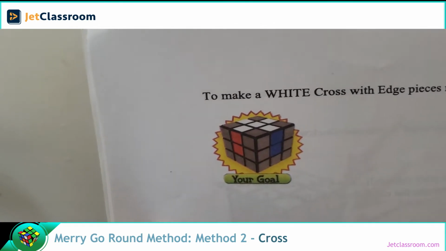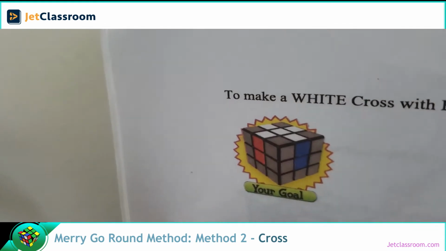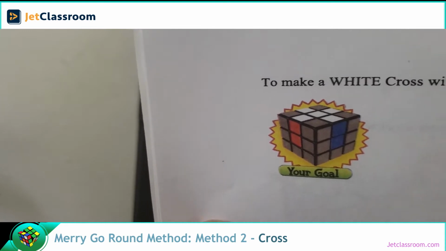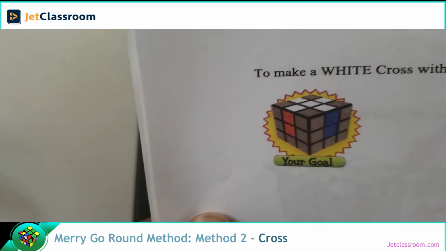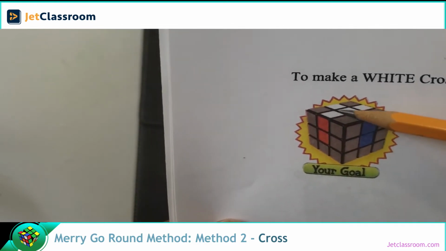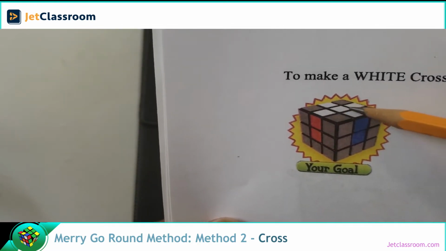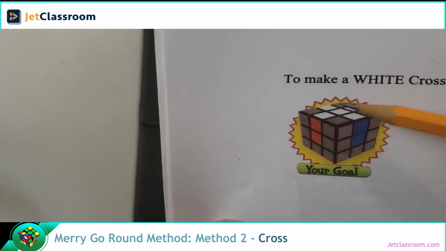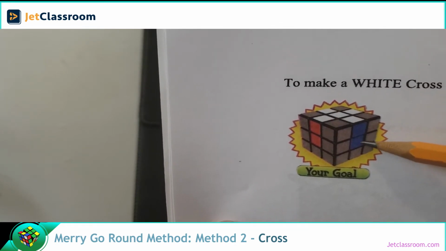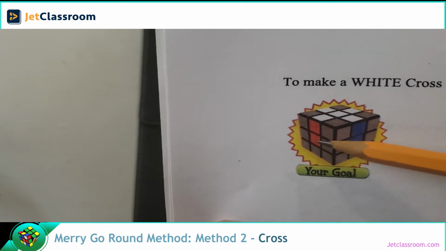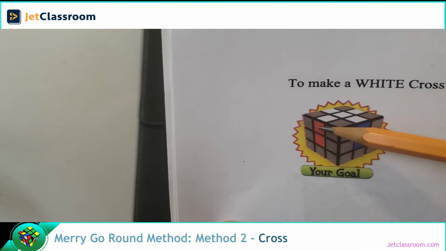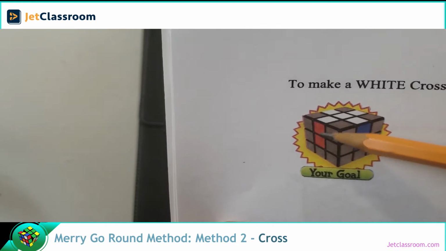After theory, our objective is to learn how to solve the cross on the Rubik's Cube. So there goes your objective. Your goal is to solve the white cross that's on top. And what you also want is for each window on the side of the cube to have a matching upstairs neighbor with the same color.